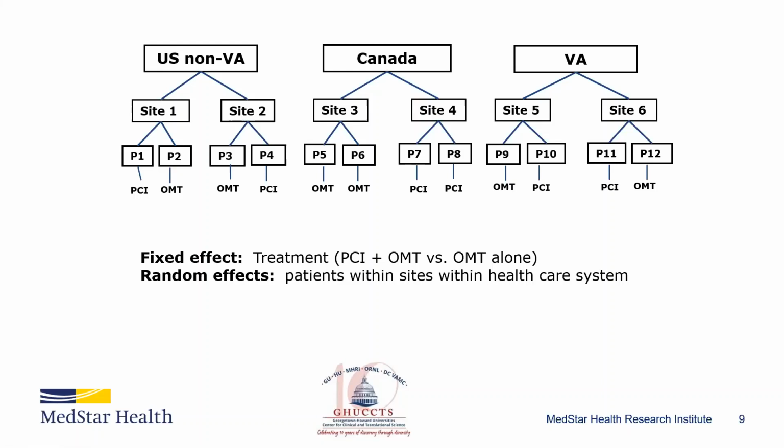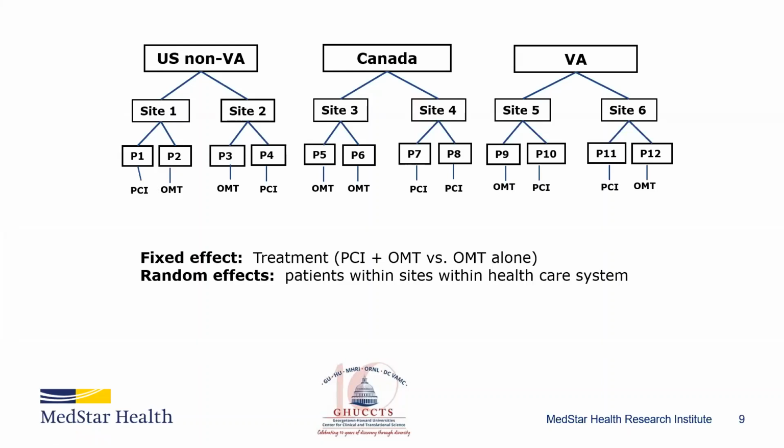And then within each site, you had a different number of patients, and patients were randomized to either receive percutaneous coronary intervention or optimal medical therapy. And so the fixed effect in this case is the treatment of PCI or OMT.